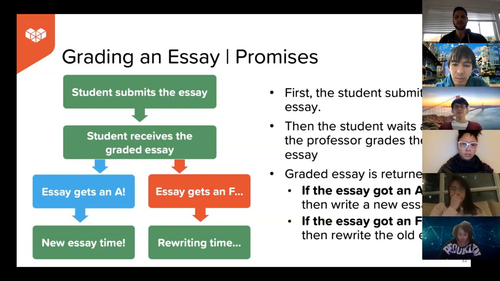Depending on the result, you're going to take either a success action or a failure action. If you fail the essay, then you'll rewrite the essay. If you succeed, then you will write a new essay. And that is the essence of how promises work.